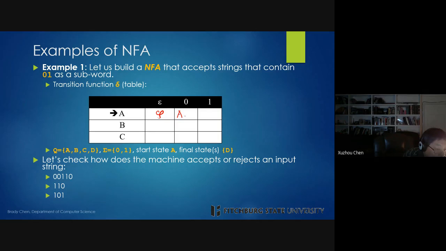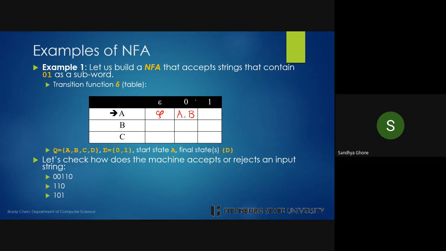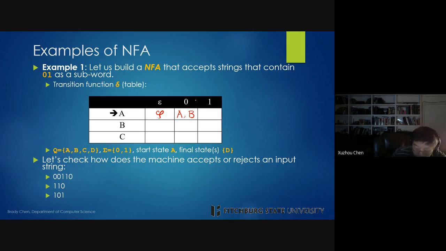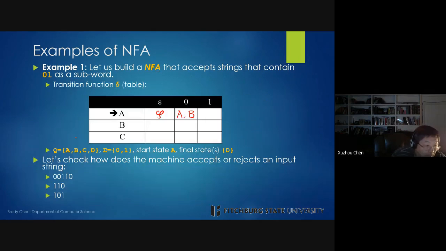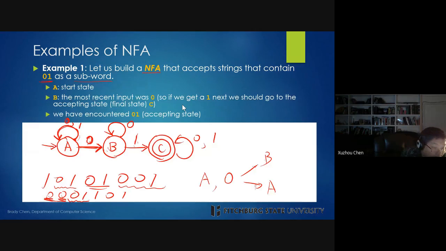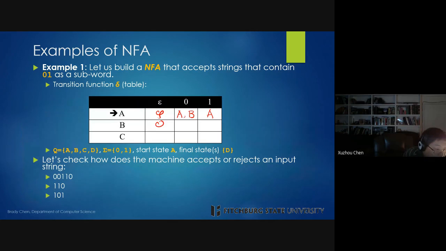It could go to A or B, right? If it is 1, it's A. Now, if the current state is B, with no input it's going nowhere.